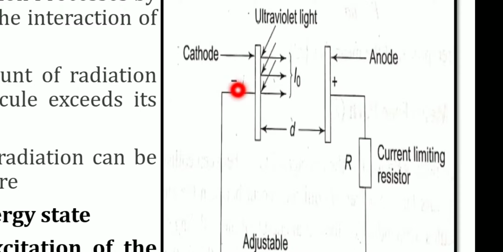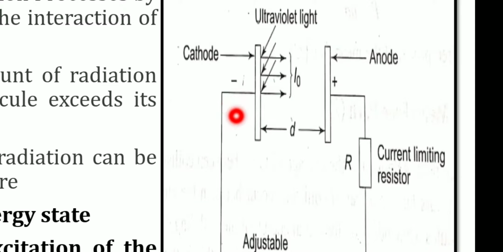These electrons, the charged particles, get energized with the help of this light energy. These electrons completely absorb the light energy, the ultraviolet energy. Then next, what will happen?